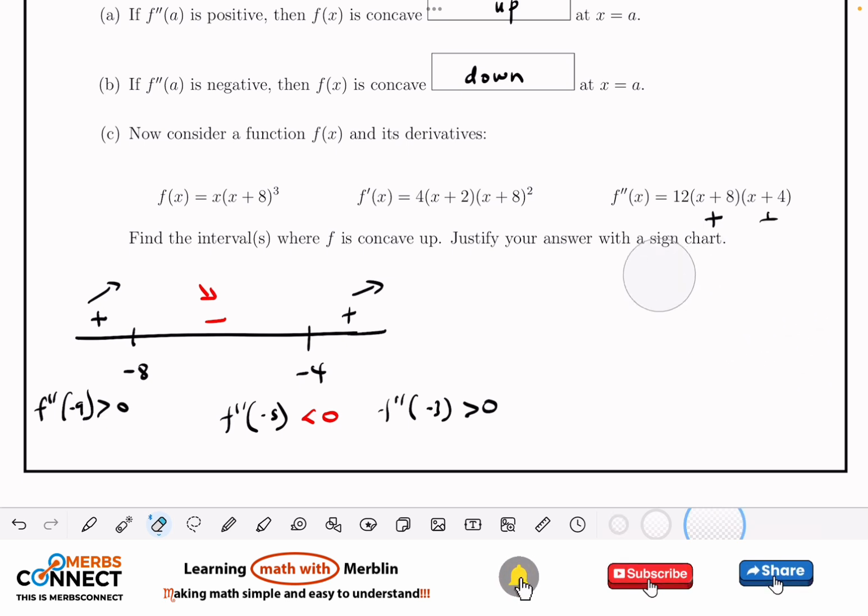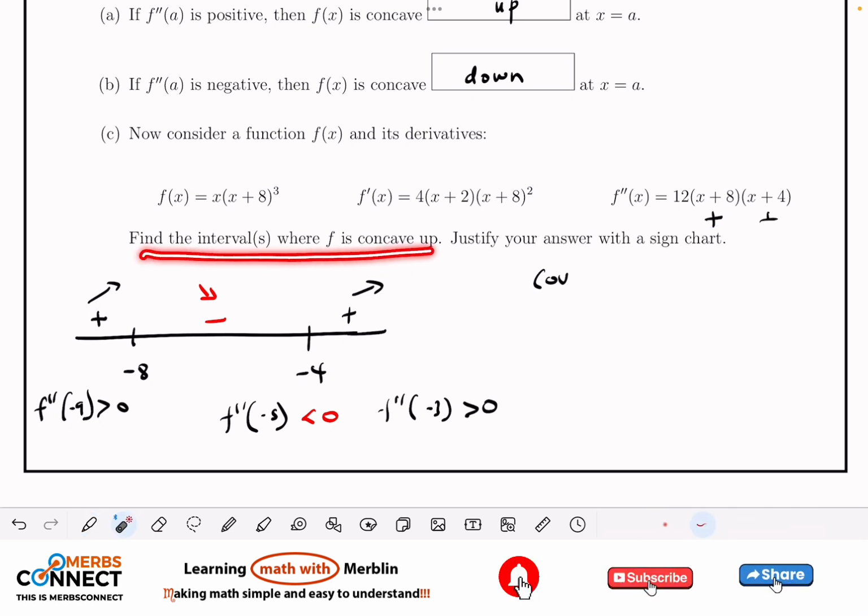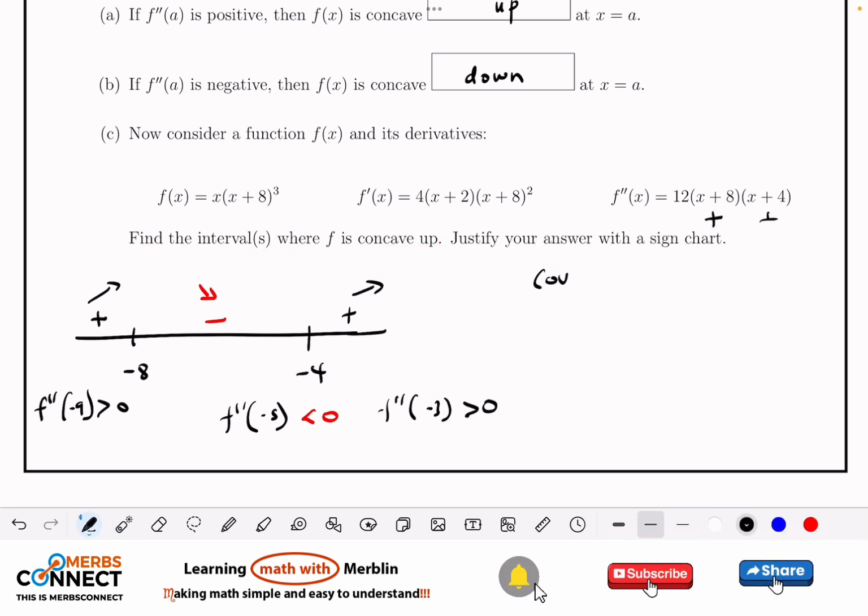For concave up, the question is even asking us for just concave up. So we don't need to even think about concave down. So concave up intervals is going to be the one which is increasing, right?